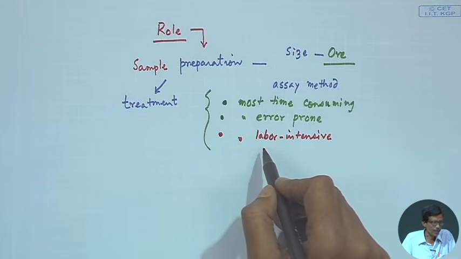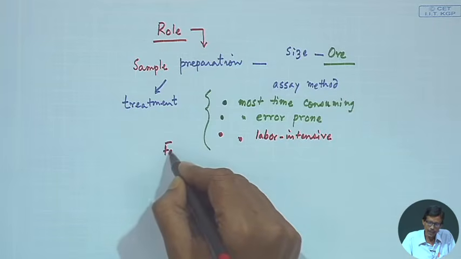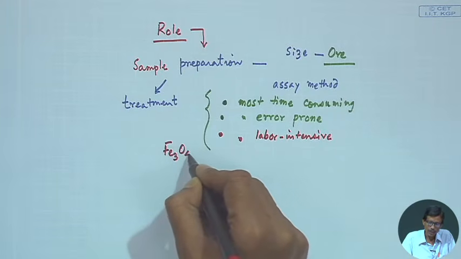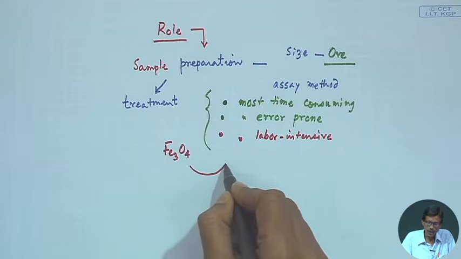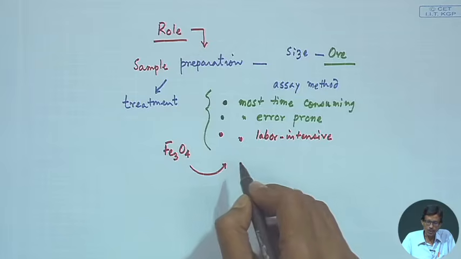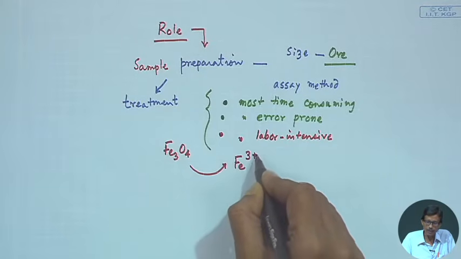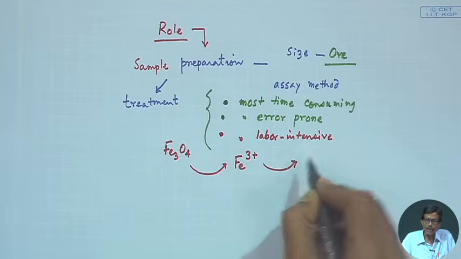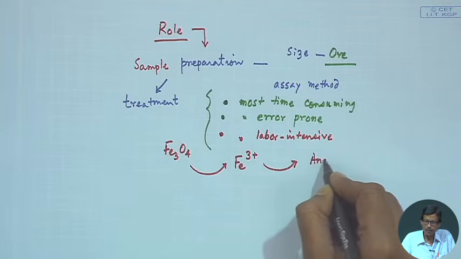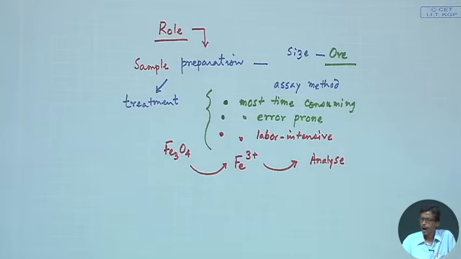Suppose we are handling an ore where you have Fe3O4 and our idea should be how we can convert this to Fe3+, which we can analyze, or with which we can determine the corresponding unknown concentration.